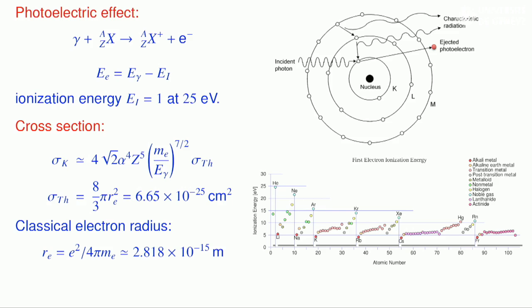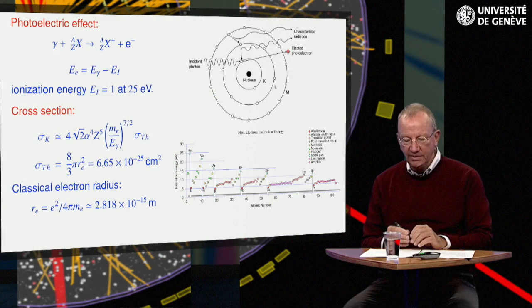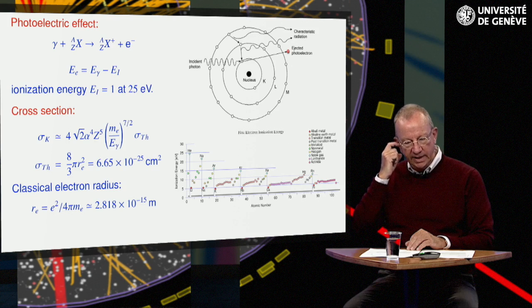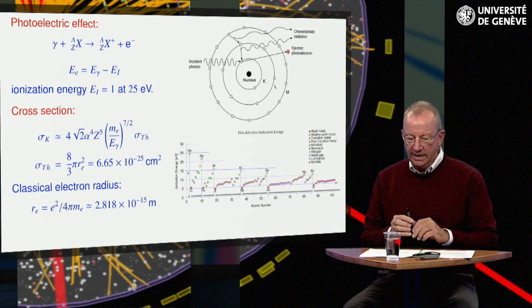If the photon energy is larger than the K-shell energy, the cross-section is dominated at the level of roughly 80% by the absorption of K-shell electrons, since the proximity of the nucleus eases the absorption of the recoil energy. Sigma Th in this formula is the standard cross-section of Thomson scattering. It sets the scale of this cross-section.